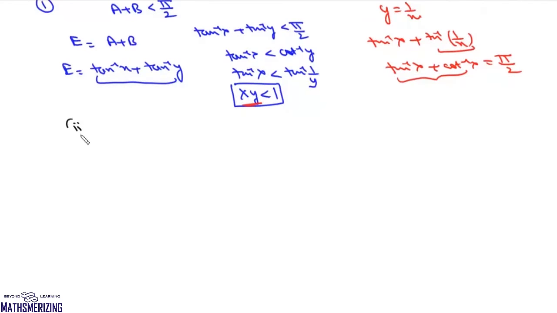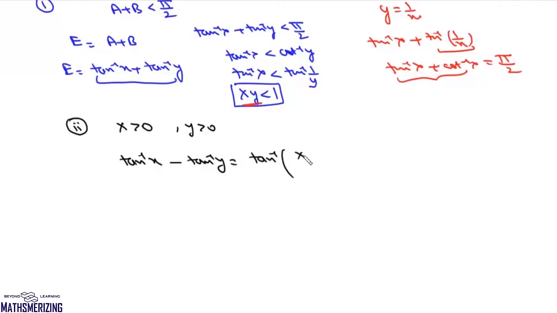And the second part of the formula is, if x is greater than 0 and y is greater than 0, then simply tan inverse x minus tan inverse y will be tan inverse x minus y upon 1 plus xy.